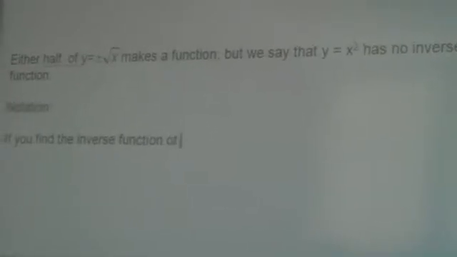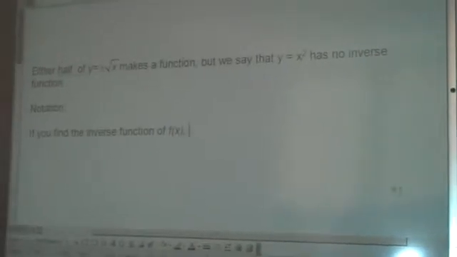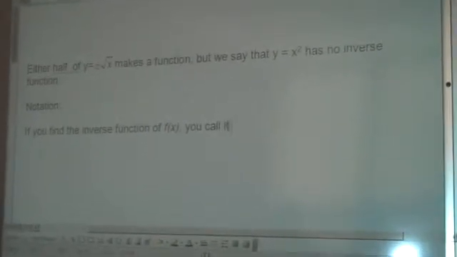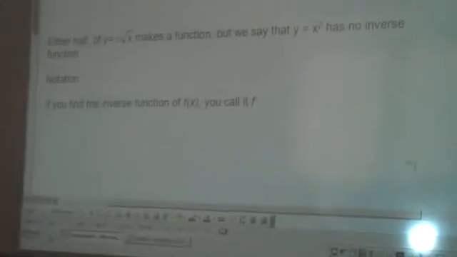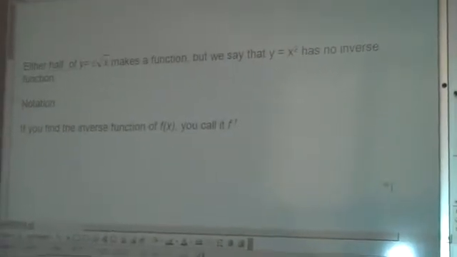All right, notation. If you find the inverse function of f of x, you call it f raised to the negative 1 of x.